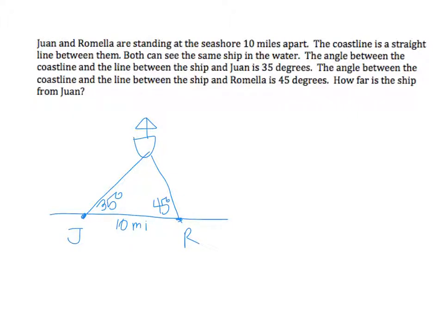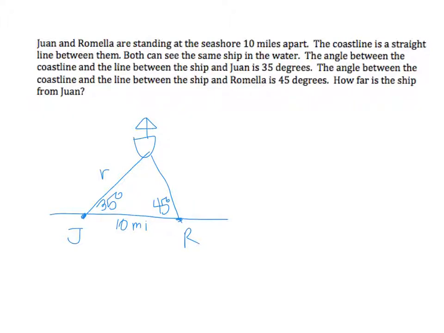And it says, how far is a ship from Juan? So this over here, I'm just going to label it as X for now, is what we're trying to find. Actually, maybe we should label it as R, since we already have that point labeled as R. So that R is what you're trying to find, the distance between Juan and the ship.